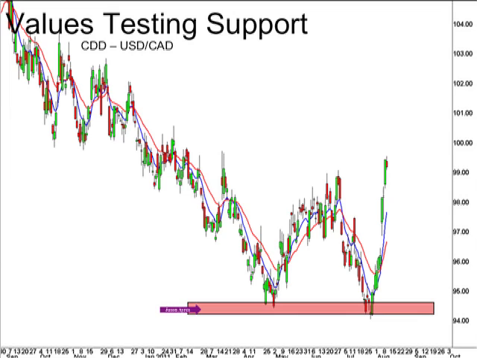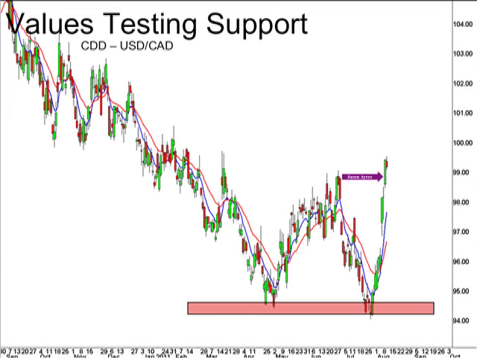So we can see that right in this level here, we had our moving average crossover. So here's the thing, guys. This is what we want to try to start doing. We see a support level down here, starting to see some support at this 94 level, a little bit of an indication that perhaps we should see a trend, in this case a big downtrend, make a decisive change in another direction.